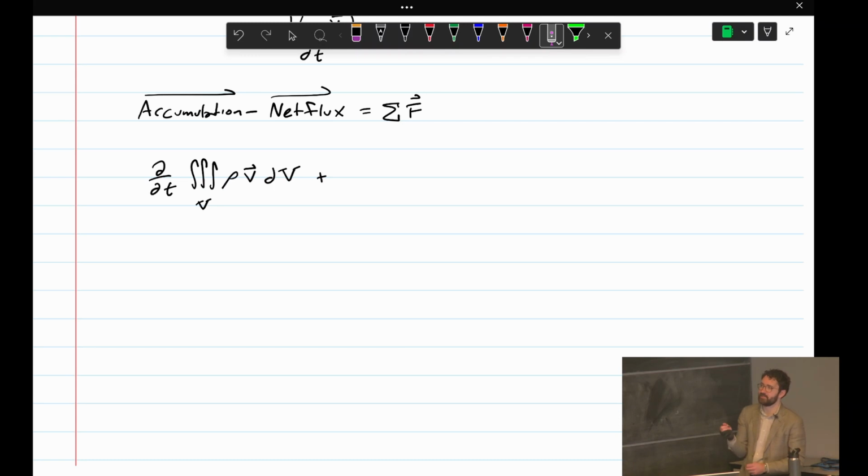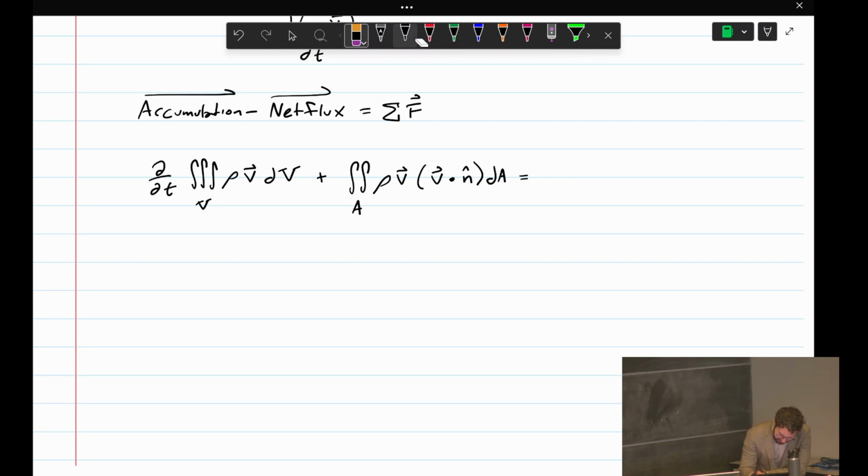So that's the time rate of change of momentum, which is our accumulation, plus this area integral of that same thing, times v dot n hat dA, is the summation of forces on our CV.